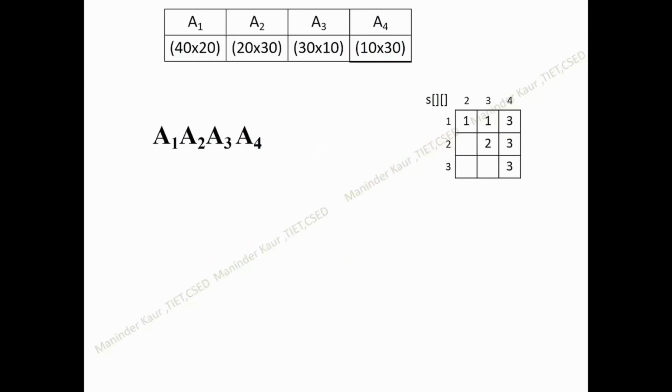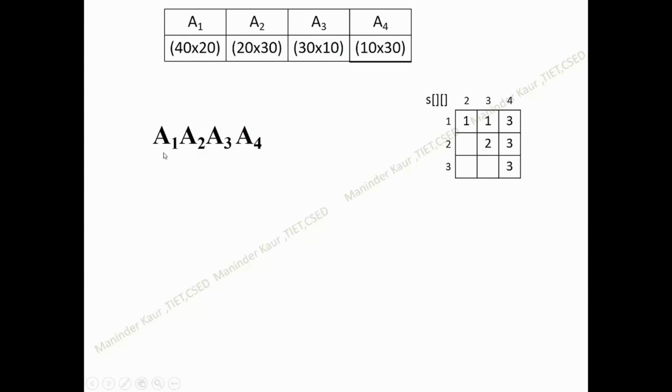No doubt we have got the result, that the minimum number of multiplications required to solve this matrix chain multiplication is 26,000. But what is that order? How to extract it? For that purpose, we will take into account the S array.